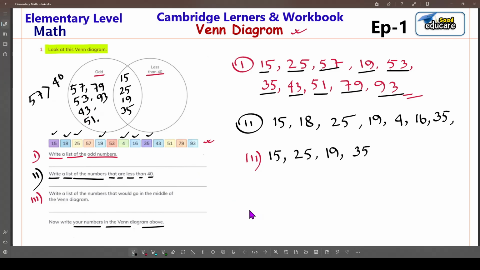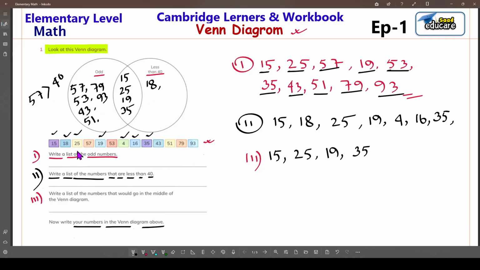Okay, and now look here, some numbers we have not used yet, like 18. 18 is not an odd number, it's what? It's less than 40, so it should be in here, 18.